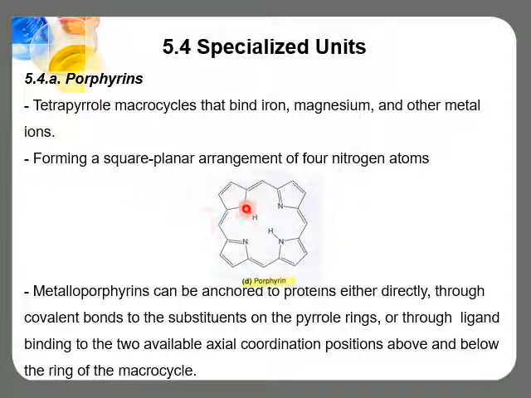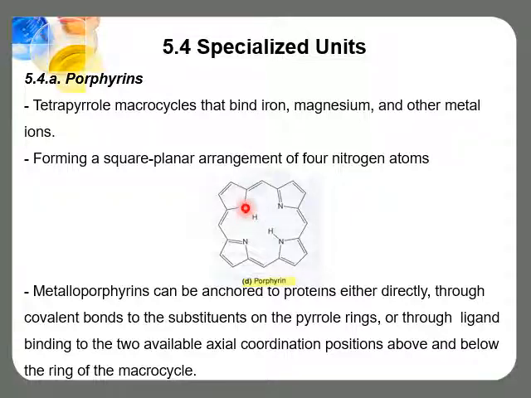You can see that there are 4 nitrogen centers. The porphyrin itself, when we buy porphyrin from a reagent vendor like Sigma Aldrich, has this structure. There are 2 nitrogen centers in pyrrole form and 2 nitrogens which are hydrogenated.